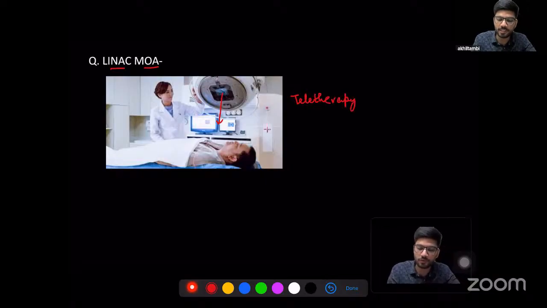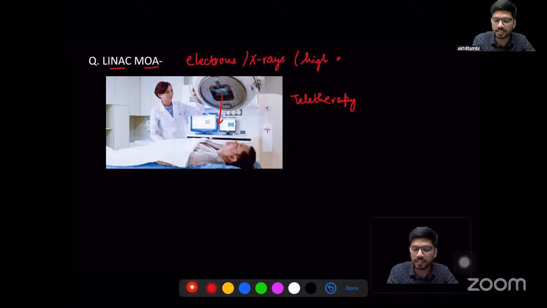That means from a distance we fire electrons, or x-rays you can say. These high energy electrons and x-rays are delivered from the LINAC, and they target the particular cancer cells that are located inside our body. So this is a form of teletherapy. This was the question asked in the FMG.